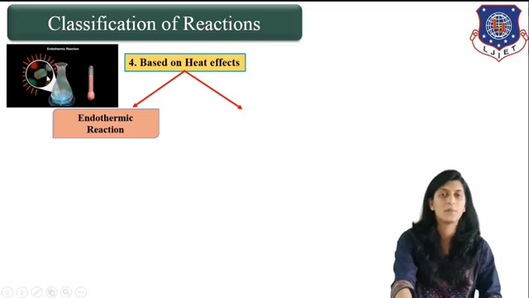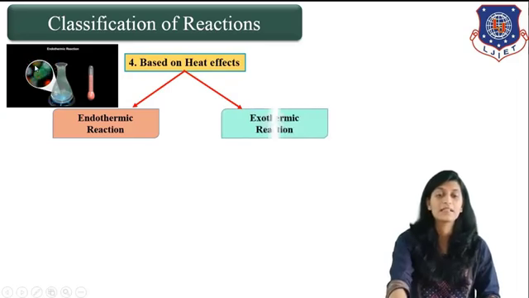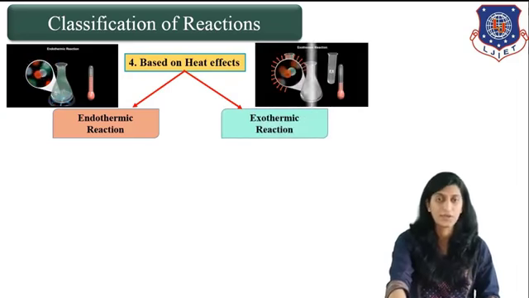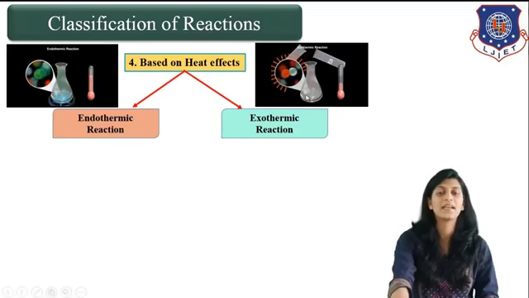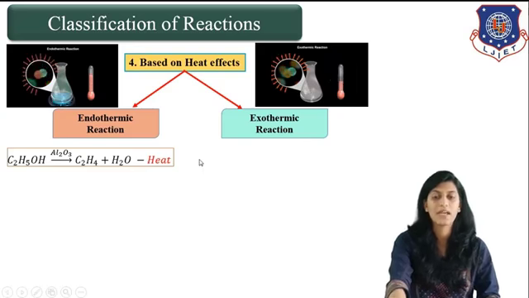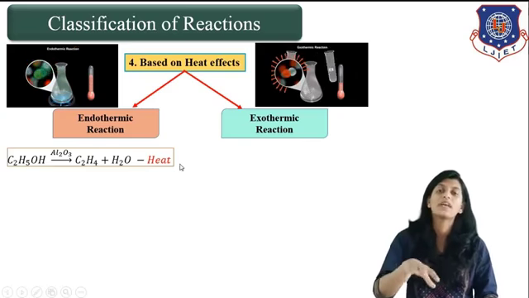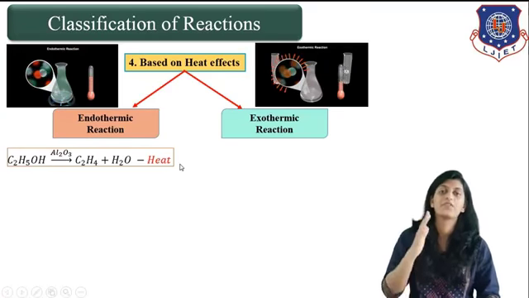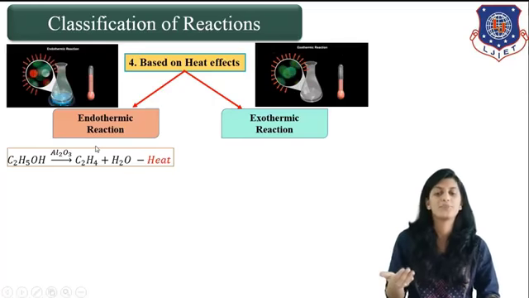Another category is exothermic, where heat is liberated, as you can see from the arrows in this picture. This is an example of an endothermic reaction, where we need to supply heat for the formation of the product.